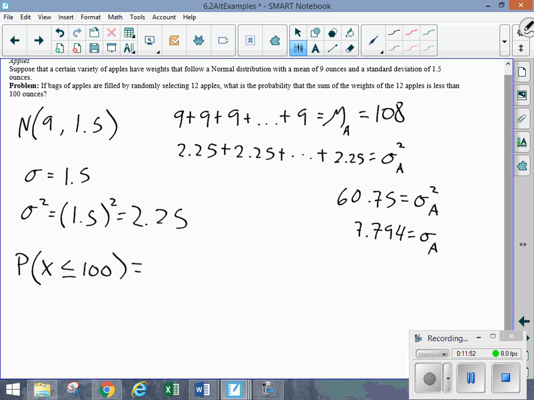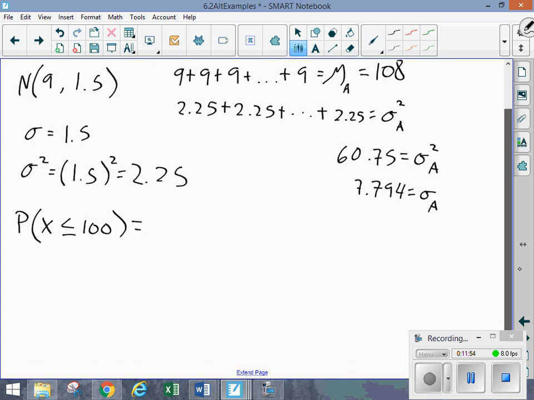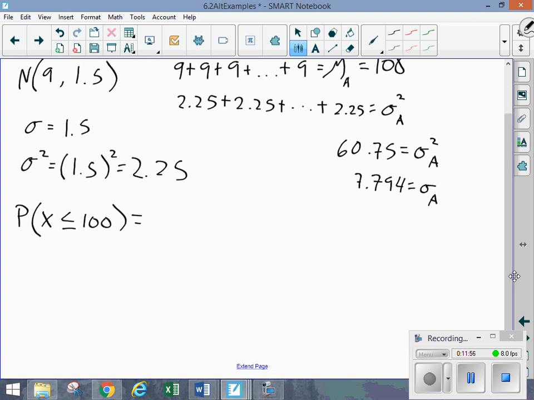Well, it says that this is normally distributed, so these are all going to be normally distributed, and what we're looking for then is mean of 108, probability that the bunch that you select is less than 100. This is going to be the area of this shaded region.